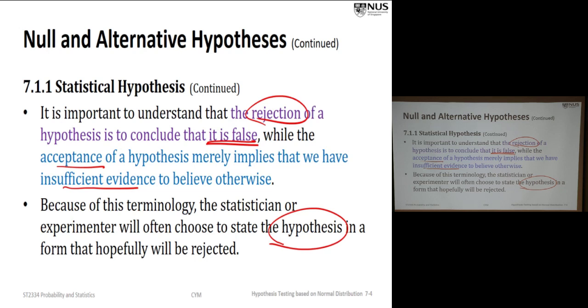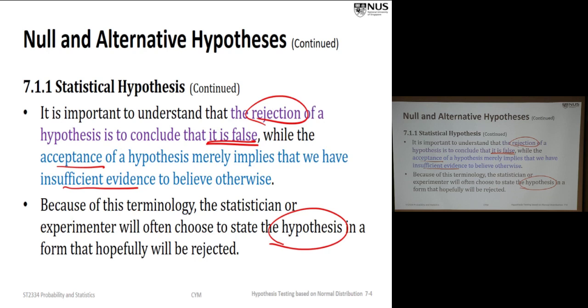So if I set my hypothesis as the proportion or the probability of recovery is greater than 0.8, then what to do? This is not the right hypothesis that we want to reject. What we want to reject is that this P is not 0.8.